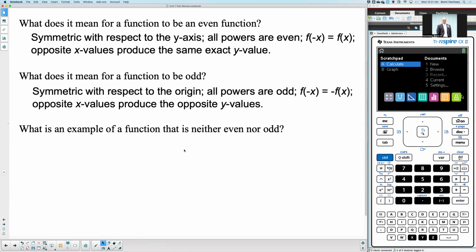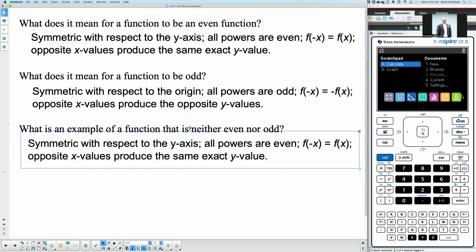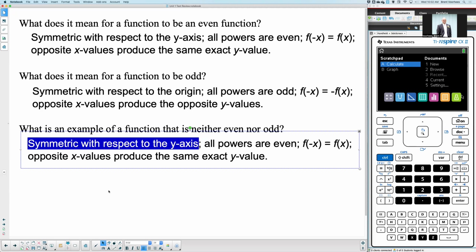Okay, what would it mean if a function is neither even nor odd? Well, what would it mean about symmetry if it's neither even nor odd? It's not symmetric.